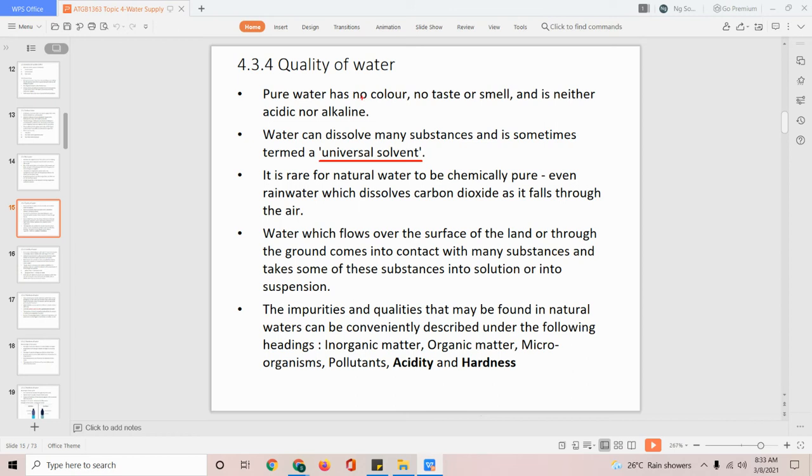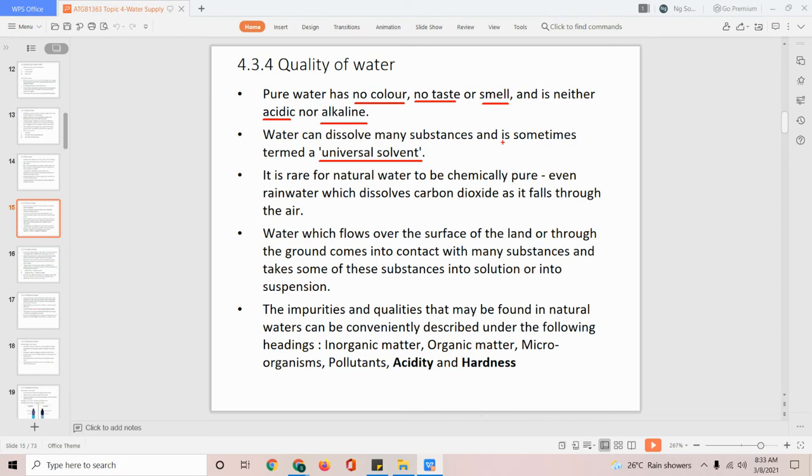So by right, if the water is pure, it will not have any color. It will not be brown or even green. So it doesn't have any taste or smell, and it is pH neutral. So it is not acidic or alkaline.